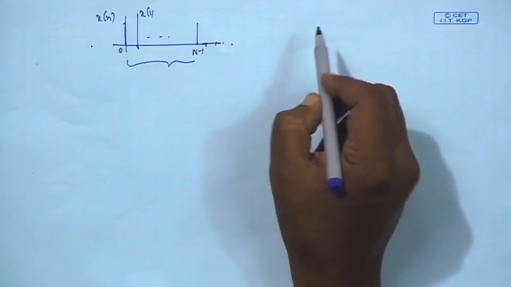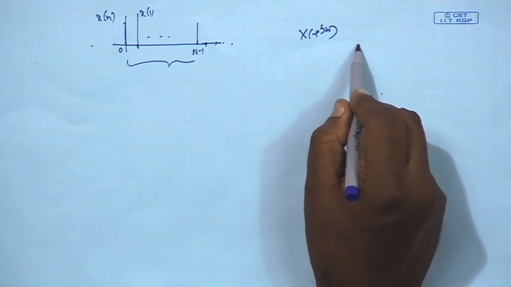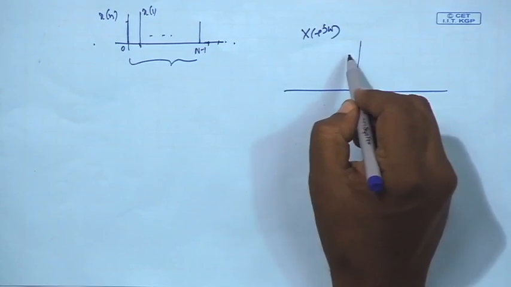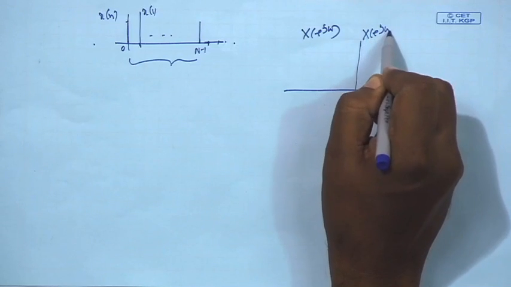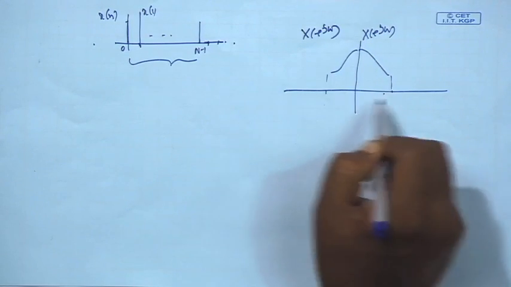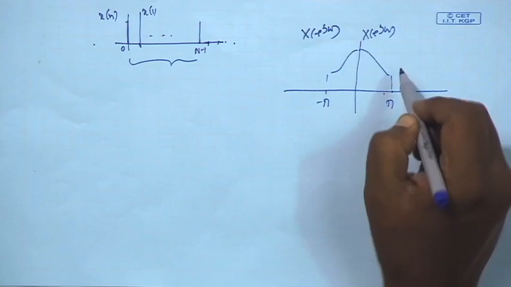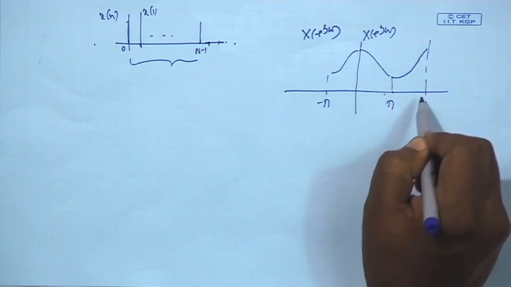Then we have seen that if we take the DTFT and if we plot the DTFT, it is periodic, right. Suppose it is like this from minus pi to pi. You can as well have another period here that goes to 2 pi.